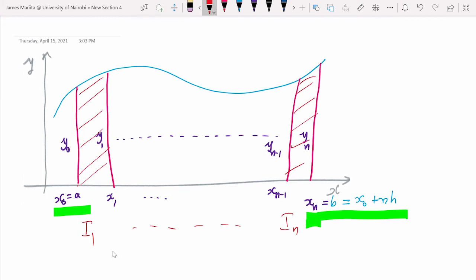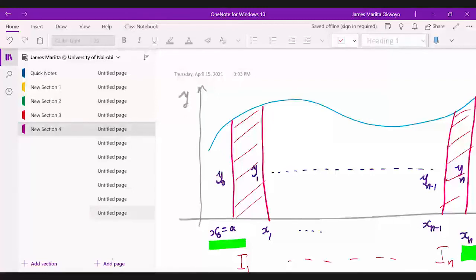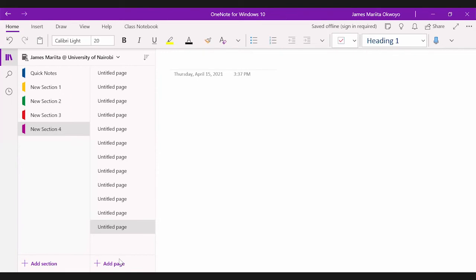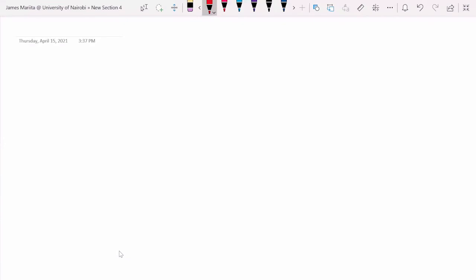So any questions on the trapezoidal rule? Any questions on the trapezoidal rule again, before we move to the next? Are there people in this class? No question.